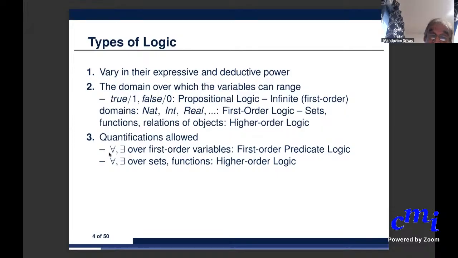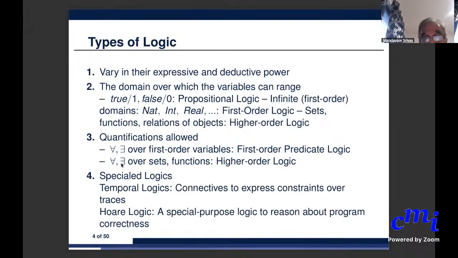Whereas in higher order logic, you extend the quantifications to range over sets and functions over the first order domain.